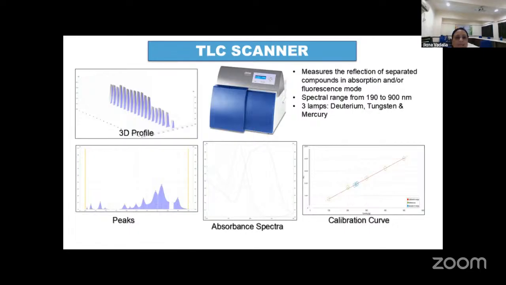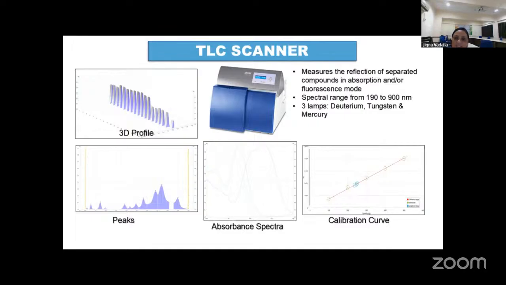In the scanner, there are two modes, absorption and fluorescence. So you can select the mode depending on your compound. If your compound has a fluorescence property, then you can select the fluorescence mode. Otherwise the majority of analysis is done by the absorption mode, and the spectral range is 190 to 900.